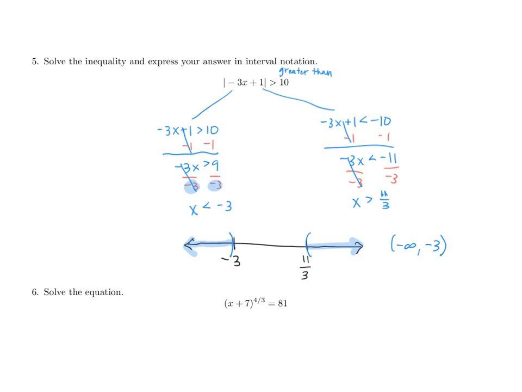That's that interval, right? And then for the second interval, you have 11/3 to infinity. And so you write each of those intervals down and you use a union symbol to connect them. And that is your interval notation for this solution set.